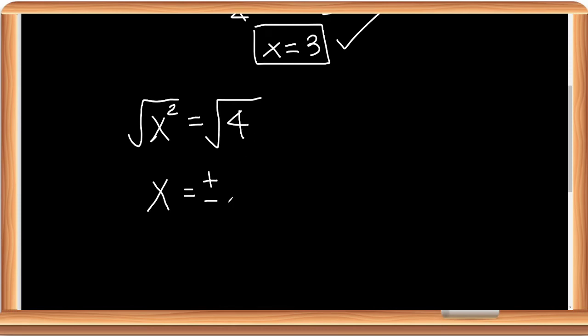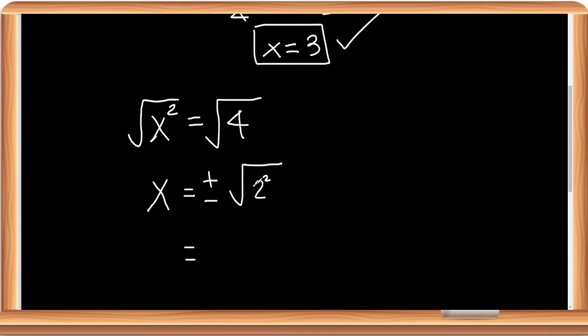Okay, very good. So, obviously, it's 2. Pwede mong ibahin ang representation ng 4. Pwede mong gawing 2 squared, kasi 2 times 2 is equal to 4. And sabi ko nga, the square root of any squared number is equal to the number itself. So, ito yung mismong number.